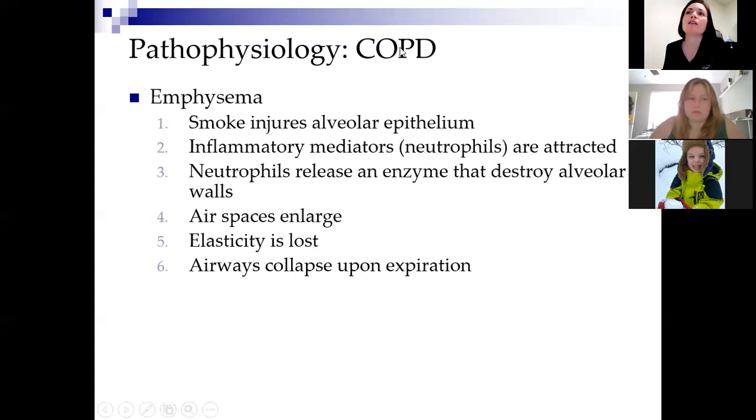With emphysema, the smoke from the cigarettes injures the alveoli epithelium. When this happens, neutrophils are attracted to the site of injury because they're an immune mediator as well. But the neutrophils release an enzyme that causes more damage. So it's kind of a vicious cycle. The cigarette causes damage, and then your body tries to help, but it ends up causing more because it's overreacting with its inflammatory response.